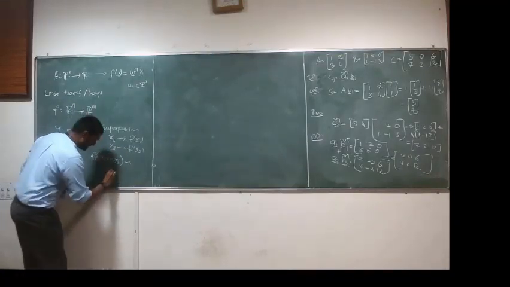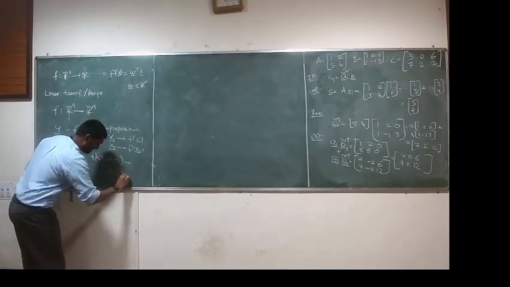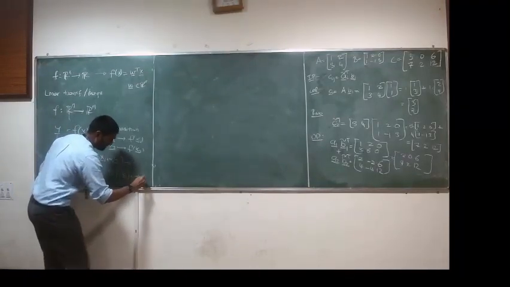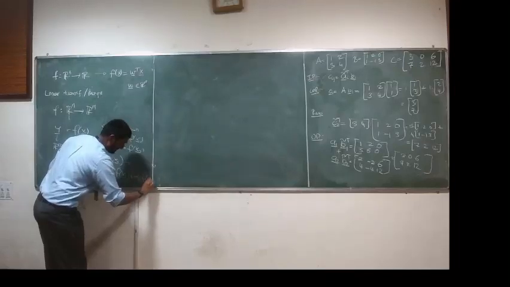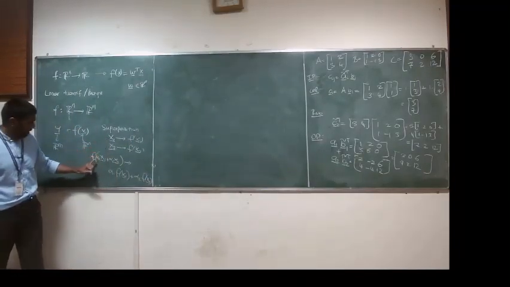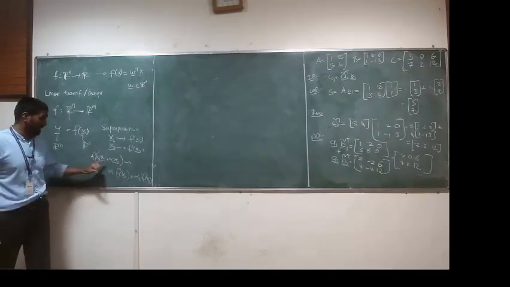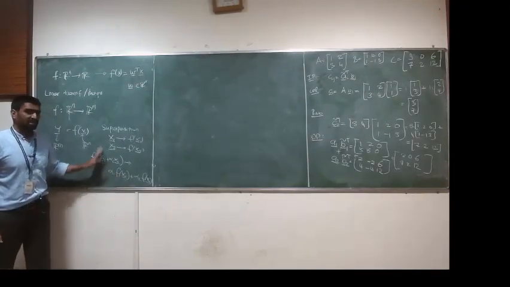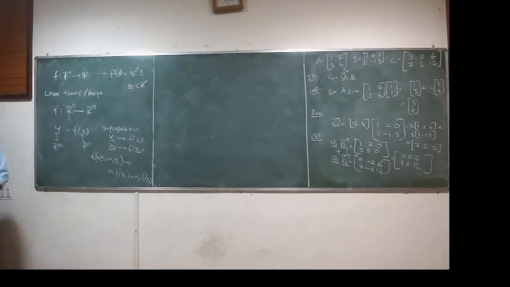This is simply alpha 1 times f of x1 plus alpha 2 times f of x2. If this is satisfied for all possible x1, x2 and all possible alpha 1 and alpha 2, then you say this function is a linear map. The same as what we had before.